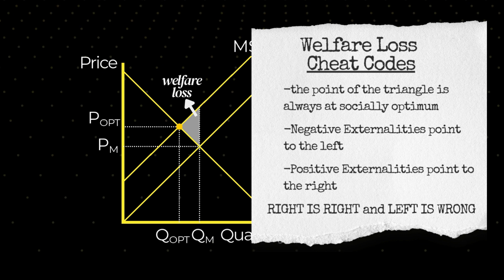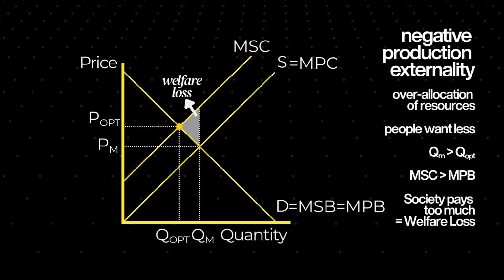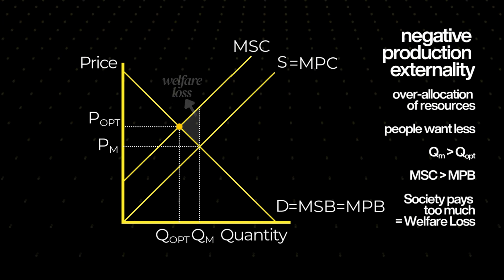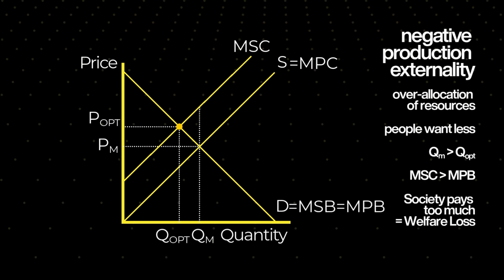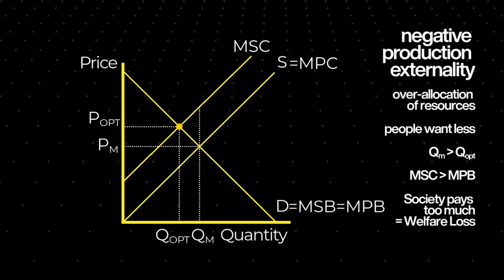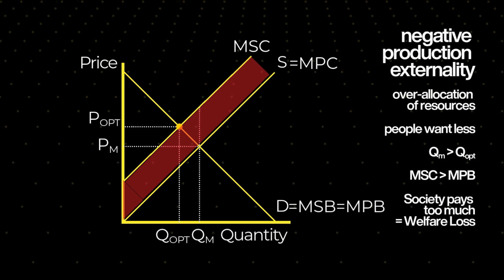All right, but let's dive a little deeper into the cheat codes and see why they're correct. Remember, a negative production externality is the loss to society from additional costs that are not paid by the producer. Then it makes sense that we need to find the area represented by the vertical distance between the two supply curves, because this is the amount of the external costs.